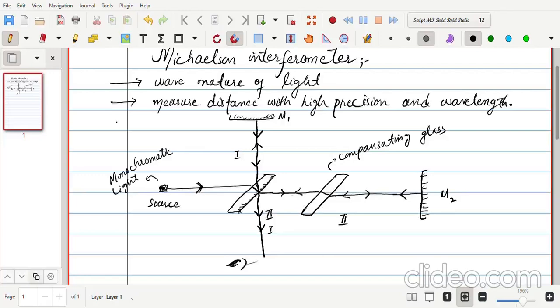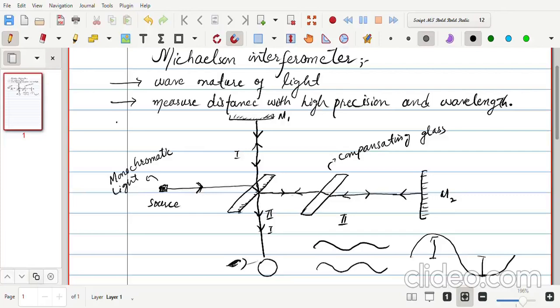An interference pattern is when two light waves meet at a point crest to crest and trough to trough, so they superimpose and have a large amplitude, and we get a bright fringe here.